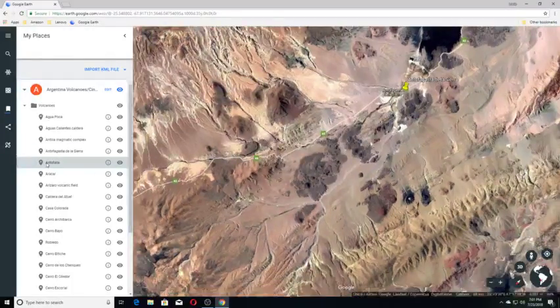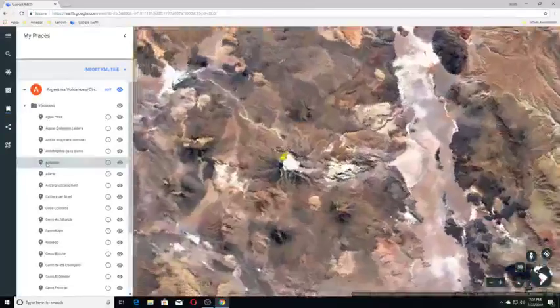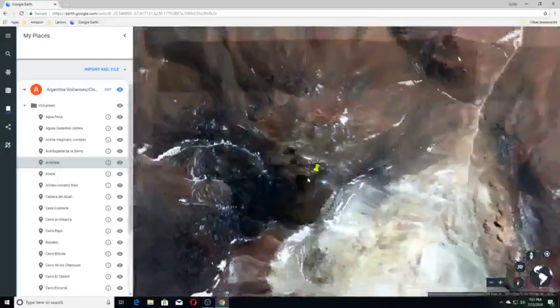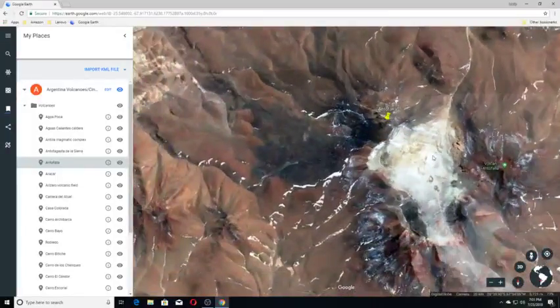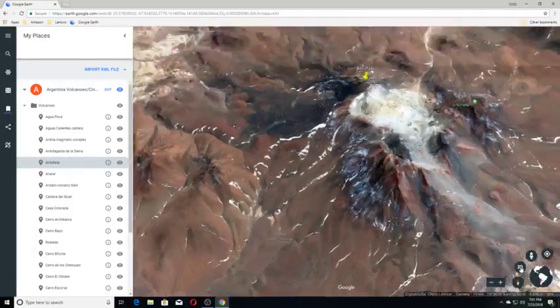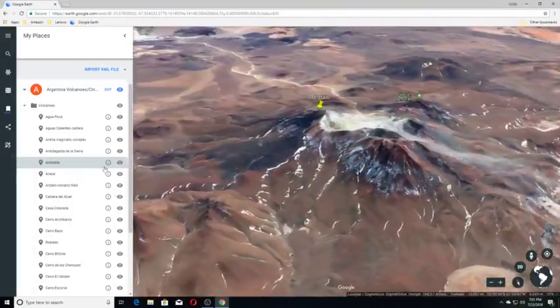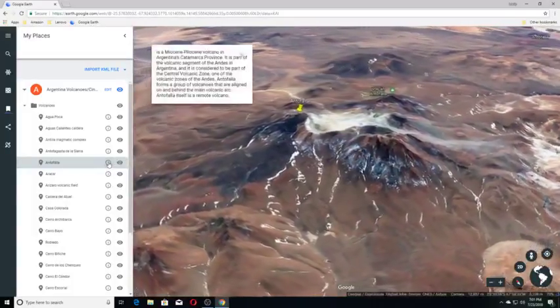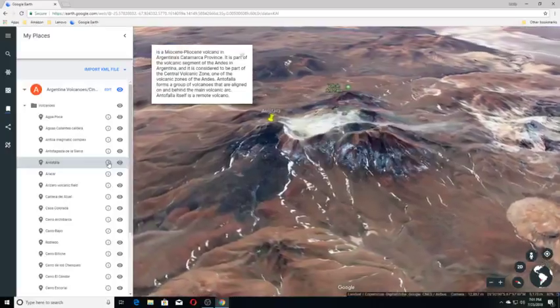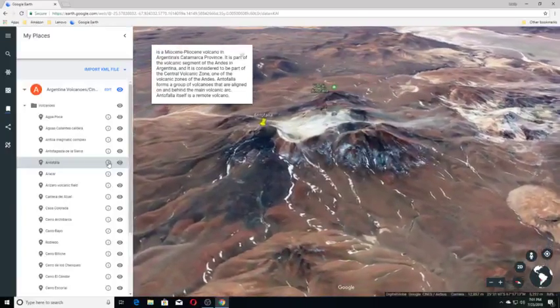Antofagasta. You can see over here, Antofagasta. Antofagasta is a Miocene to Pliocene volcano in Argentina's Catamarca province.